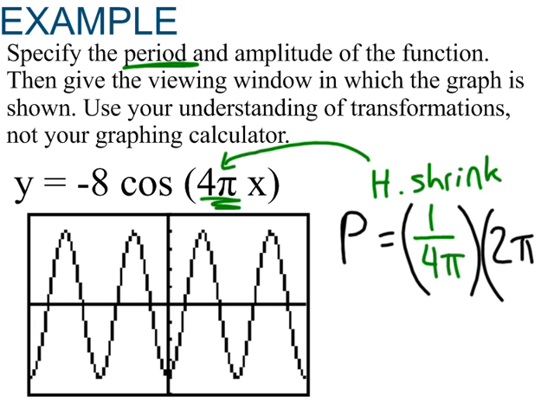And if I'm losing you, you really need to come in and get that cleared up. This is a huge point. We need to understand that that is how I'm going to find the period when I'm thinking of transformations. So hopefully you see that when you multiply that out and simplify, that simplifies to just 1/2. So the period is equal to 1/2. That's part of what you would write down as your answer.